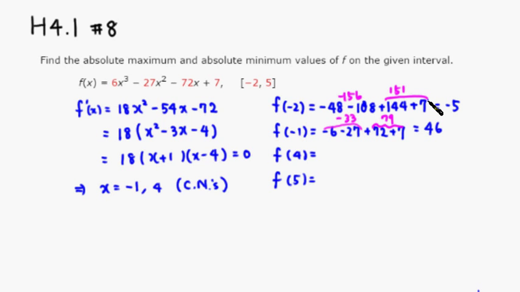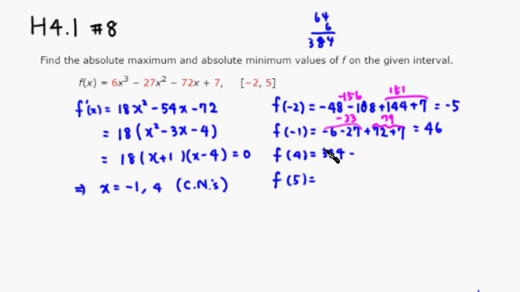And you plug in 4. 4 cubed: 4 times 4 is 16, so 64. 64 times 6 is 384.